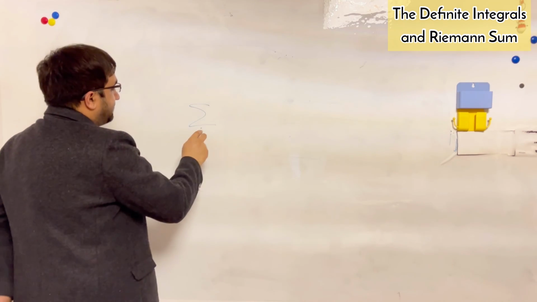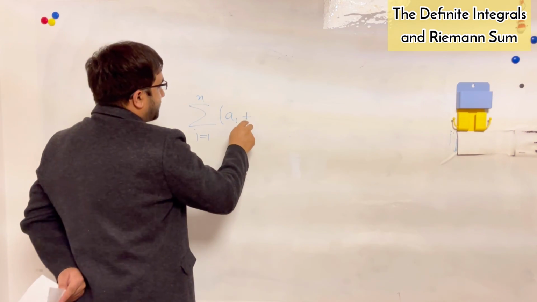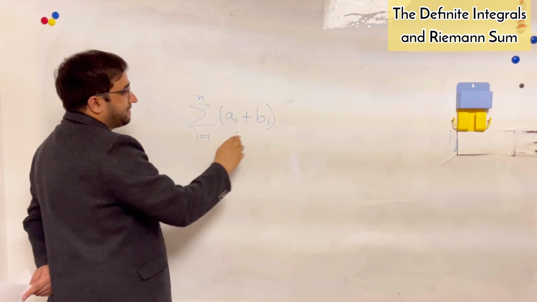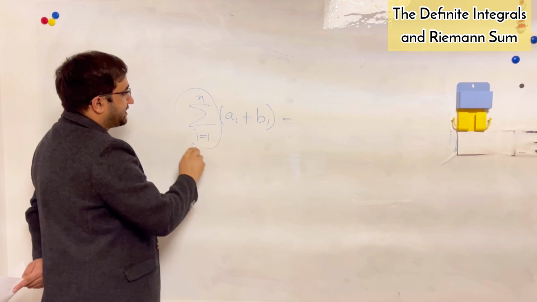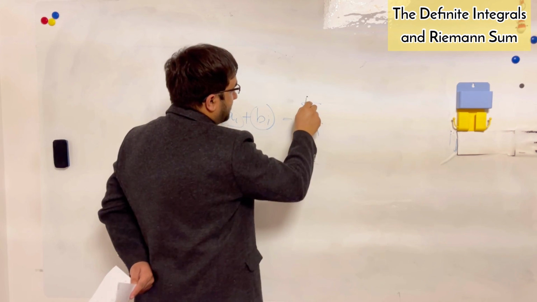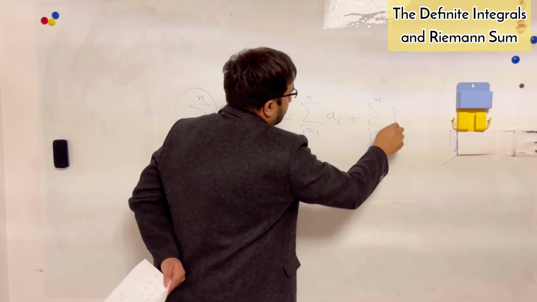And if you have these two expressions and they are adding together in this summation notation, you can apply the summation on each of them separately. So it is summation i from 1 to n of a_i plus summation i from 1 to n of b_i.